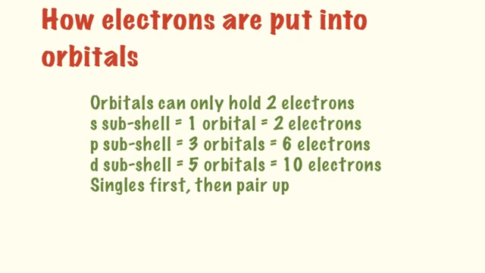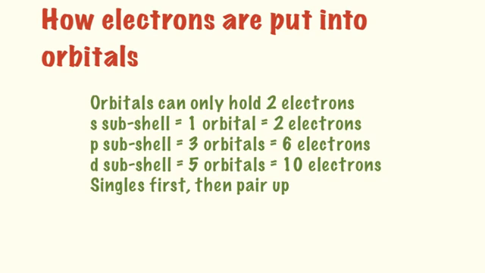Right. Remember I said to you about pairs? And this helps us with our drawing, which we get to in a minute. The orbitals can only hold 2 electrons. So the subshell S has 2 electrons only in it, so it has 1 orbital.